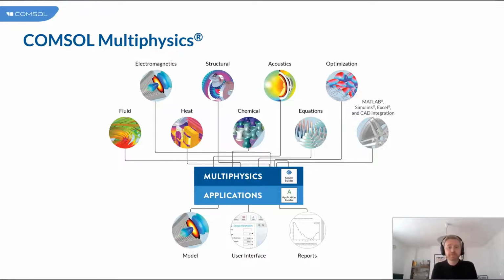Now, the reason that we choose to adopt this multiphysics approach to simulation is that very often, real systems that we might want to simulate don't comfortably fit into a pure structural or pure thermal category. To realistically simulate a system, very often we need to capture the interaction between these different physical phenomena.